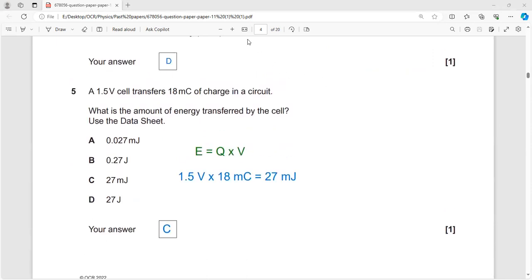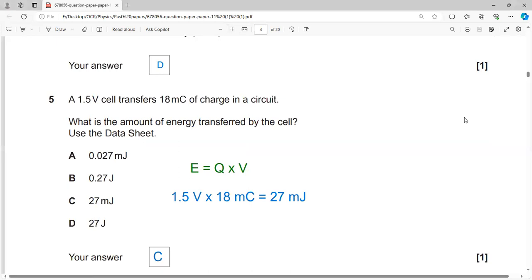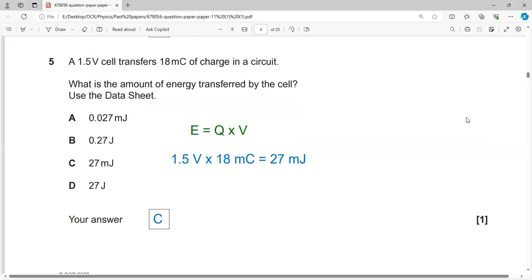Question number 5 is related to electricity. A 1.5 volt cell transfers 18 millicoulomb of charge in a circuit. What is the amount of energy transferred by the cell? Use the data sheet. We can solve this question by knowing the formula.